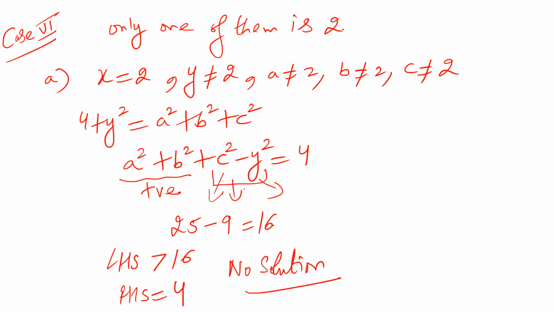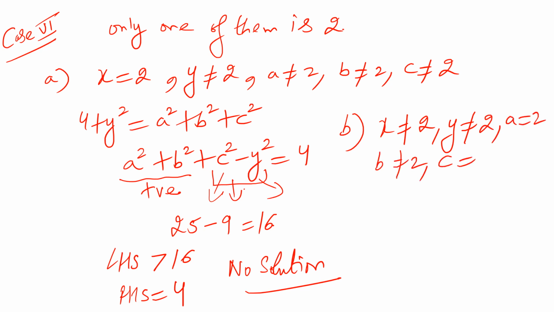Right. Now we are very close to the end of this question, and this is the last subcase, and that is if I take one of the variables on the right hand side of this equation as 2. So I'm taking a as 2 this time. Both x and y are not equal to 2. a is equal to 2, b not equal to 2, and c not equal to 2.